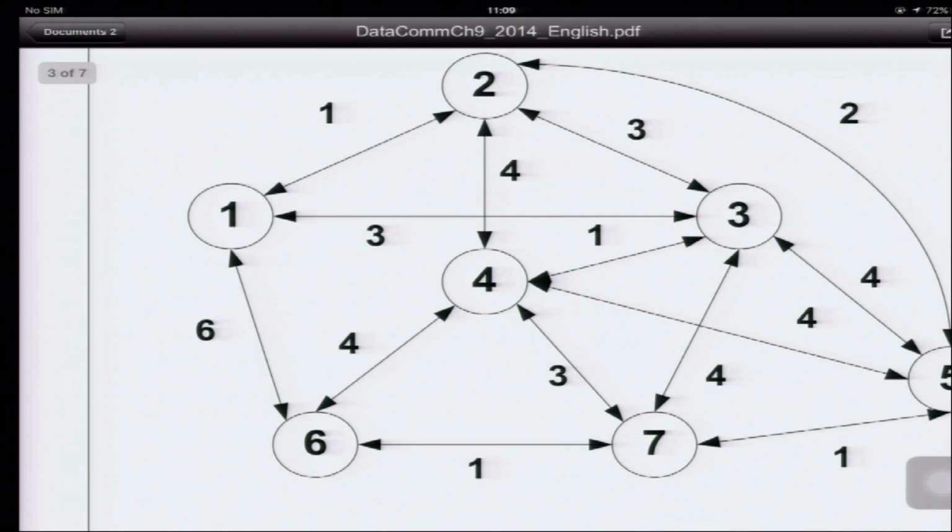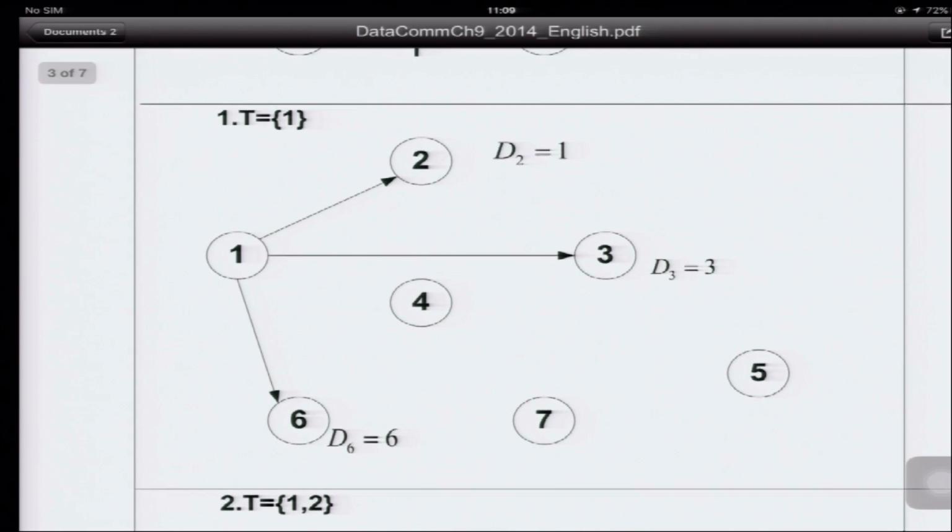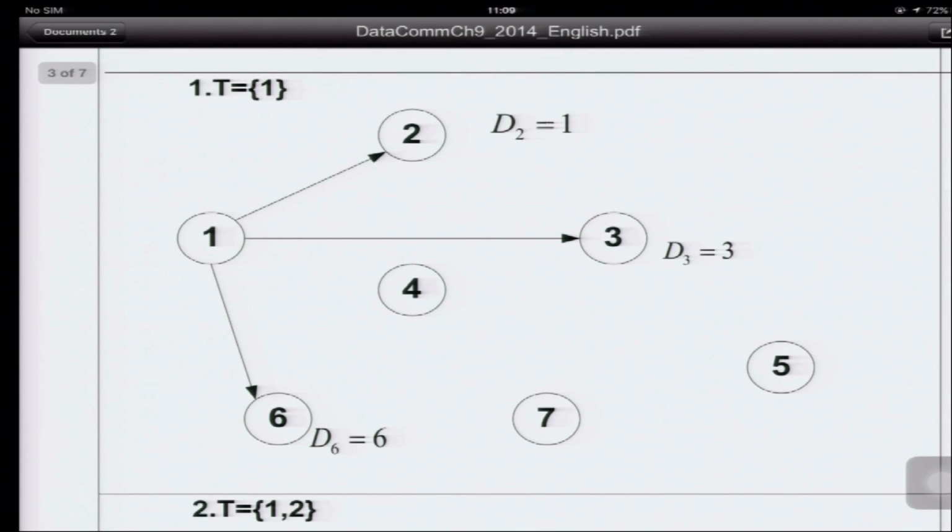And node 1 to node 6, the cost is 6. So this is what we have, and we will write it like this: d sub 2 equals 1, the cost from node 1 to node 2. d sub 3 equals 3, the cost from node 1 to node 3.